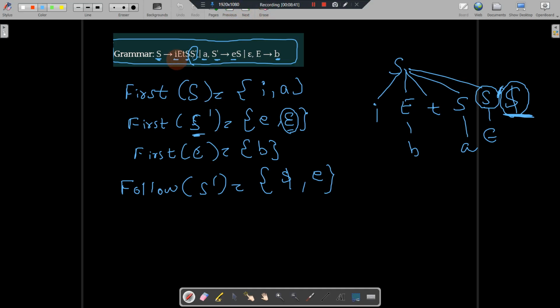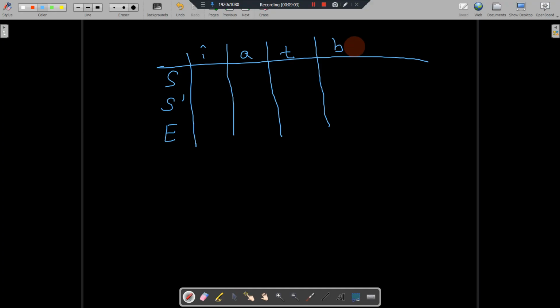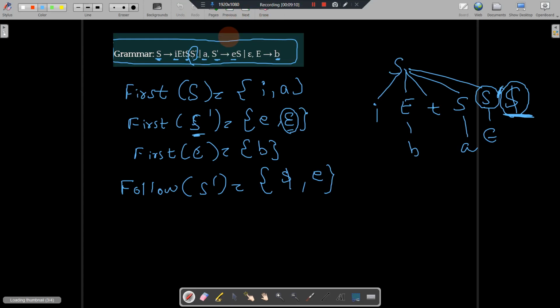And the terminal symbols are I, A, T, B, E and dollar symbol.